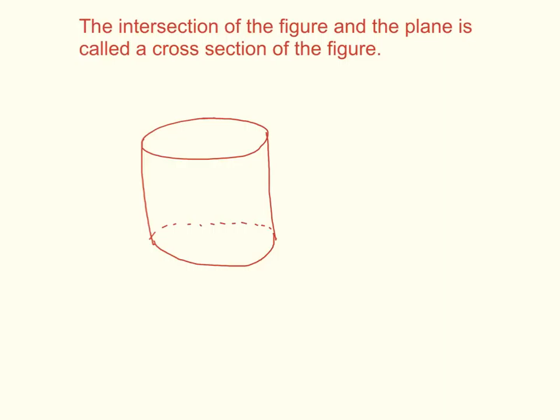When we are talking about three-dimensional figures, we also have what we call a cross-section. The cross-section of a figure can be a little bit hard to describe. When you think of a cross-section, you want to think of cutting the figure in half with scissors along the area that they identify.